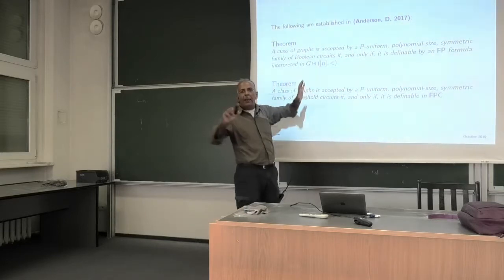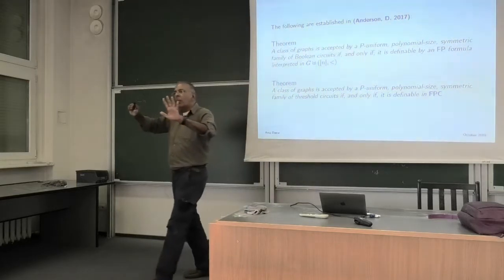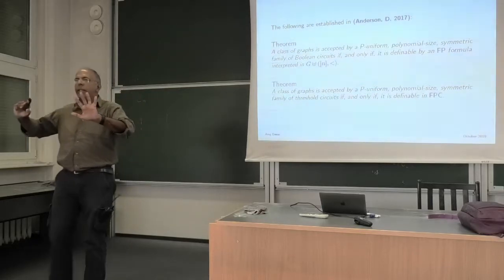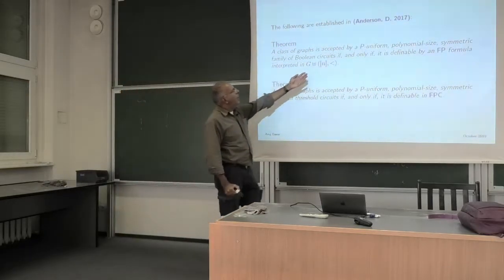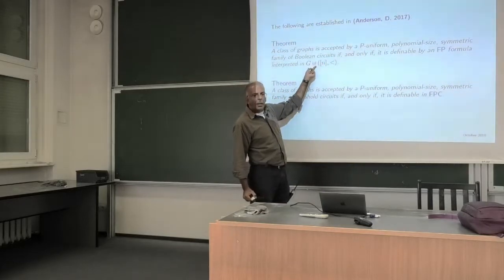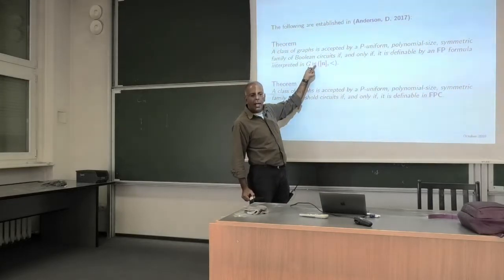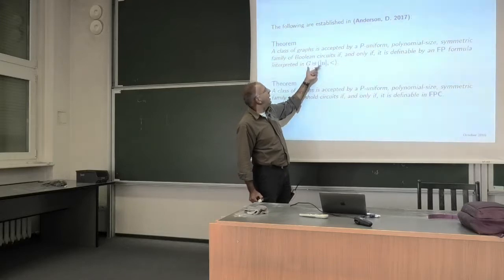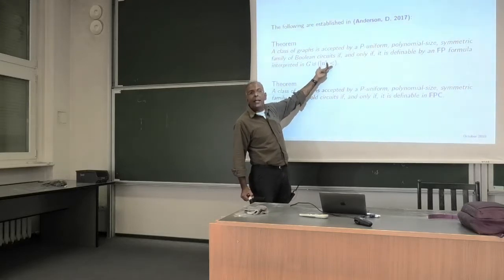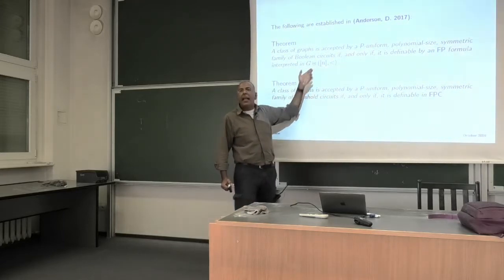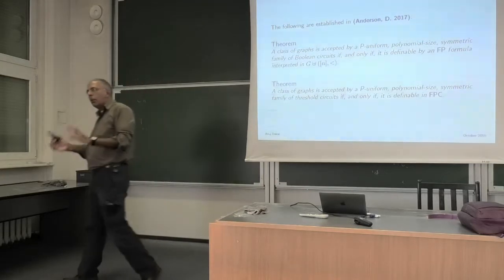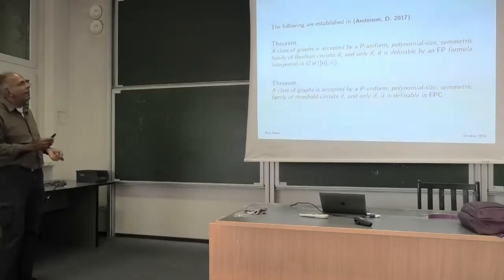Okay? This is a structure. And now we talk about the expressive power of fixed point logic on such things. I mentioned this in the class yesterday. I showed you in the lecture that you can't do existence of perfect matchings in fixed point logic. And then I showed you that adding this linear order, which just tells you the size of the graph G, you still can't do it. Well, this exactly characterizes symmetric Boolean circuits with AND or NOT gates.